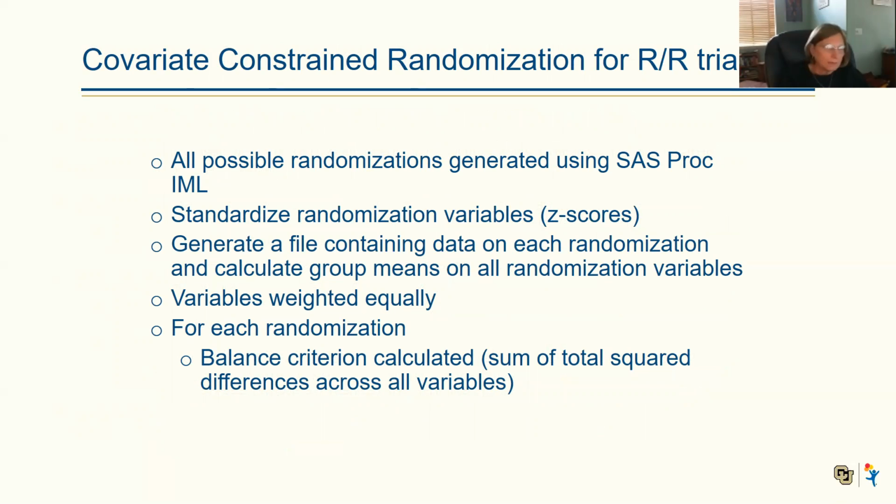So we first generated all possible randomizations. We standardized the randomization variables. We generated a file containing each randomization and calculated group means. We weighted the variables equally in this study and calculated the balance criterion for each possible randomization.